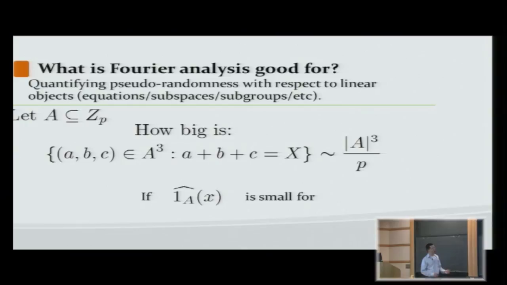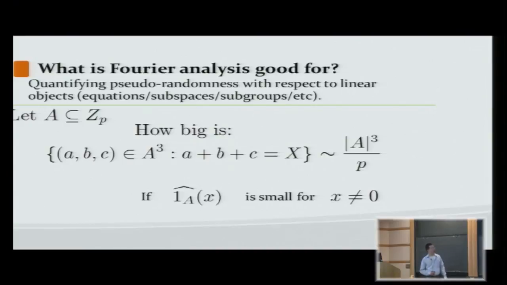If this is small, and I won't give a precise description here, then for x not 0 (obviously the Fourier transform of the characteristic function of a set at 0 is just the size of the set, or the size of the set over the field size, depending on how you normalize your Fourier transform), you can actually show that what you would expect in the random case is true for the set. So in some sense, Fourier analysis allows us to tell whether or not a set looks random. Okay?